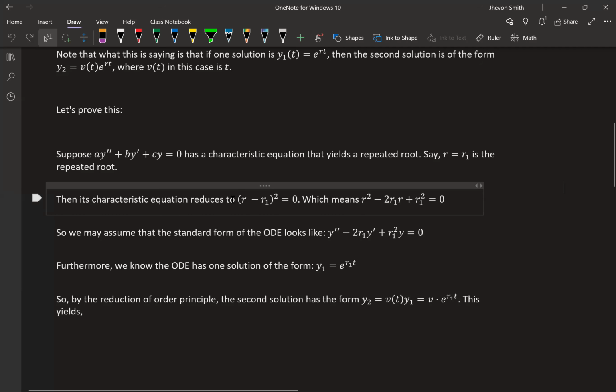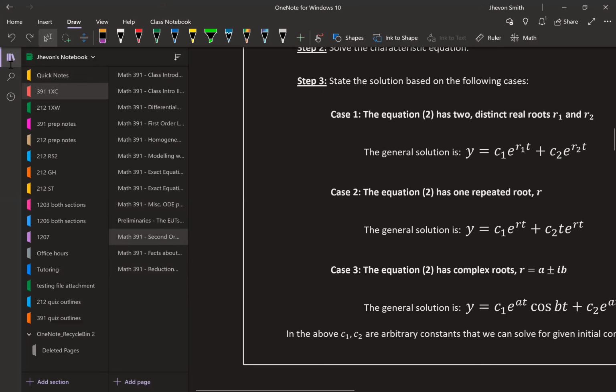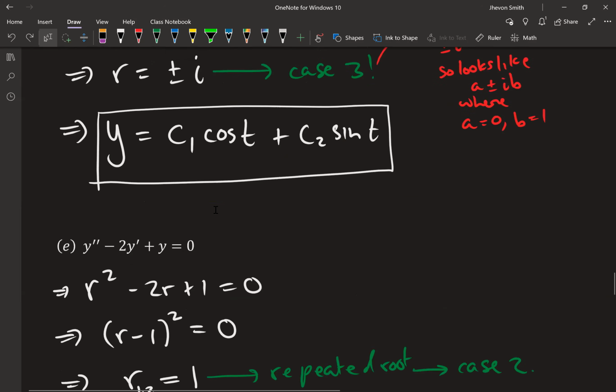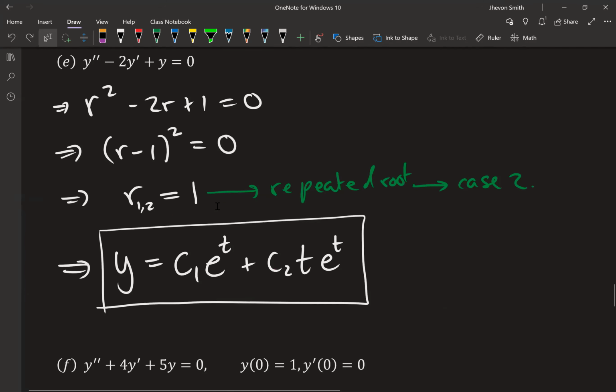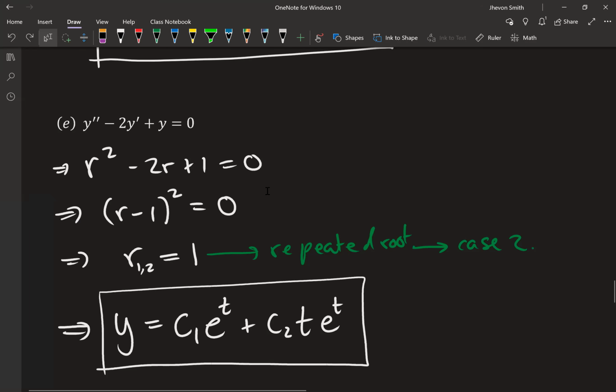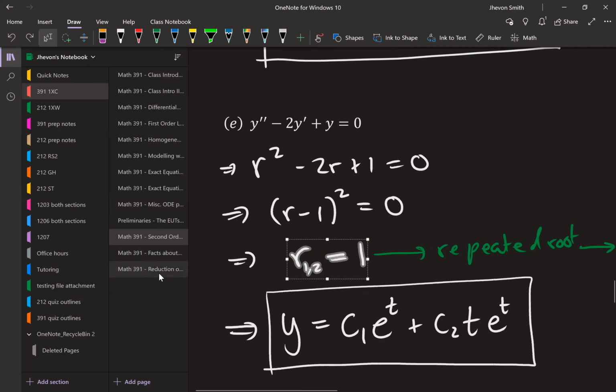Well, to get a repeated root, that means the characteristic equation would reduce to something like this, r minus r1 all squared, where the r1 is the solution. We saw this happen in this example here, right? When I set up my characteristic equation, it ended up being a complete square, so there was only one answer, right? So that's what's happening here.